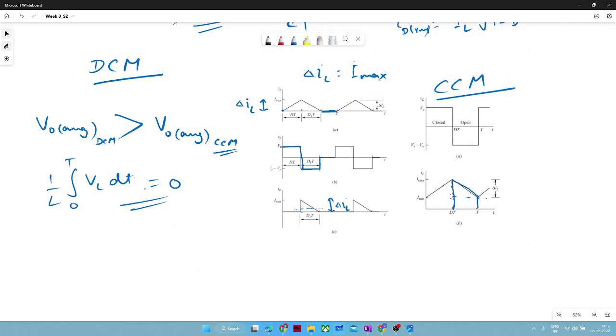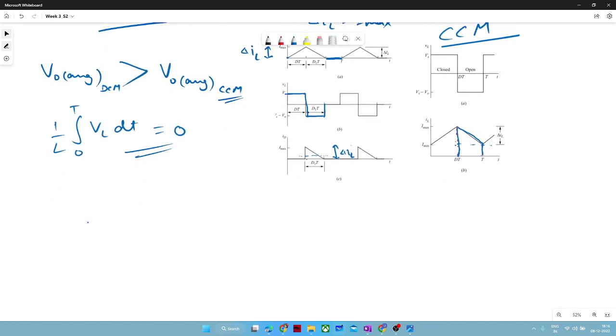And now I will equate. Again, for DCM we will go with the basics and equate with this integration. We can ignore L because it will become 0 after multiplying.